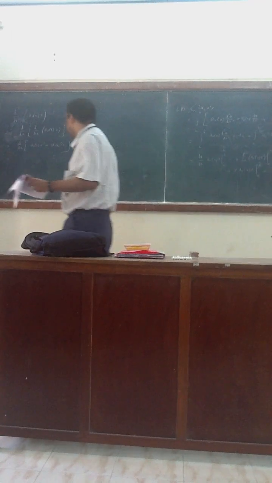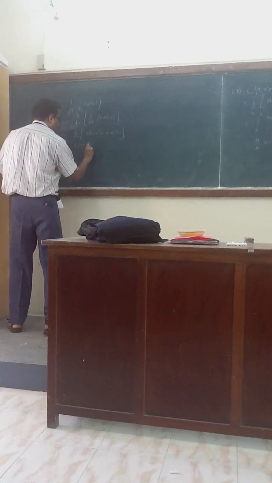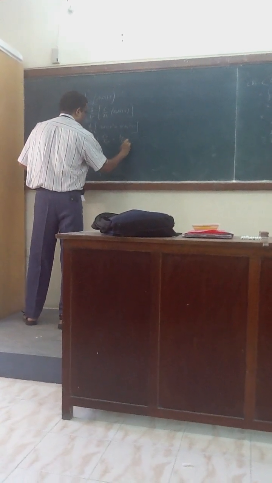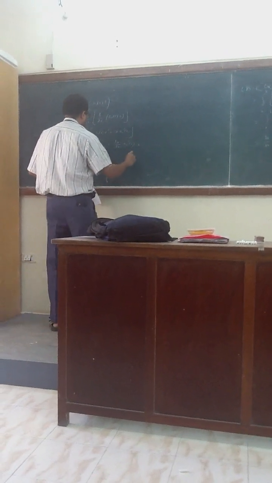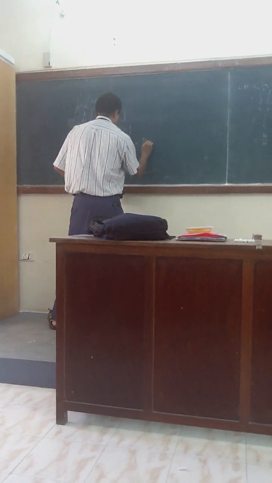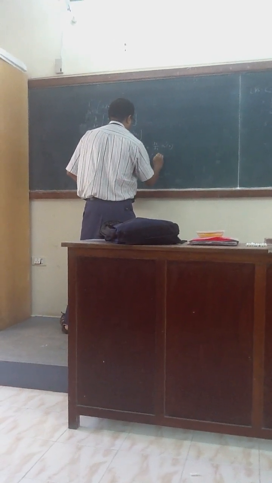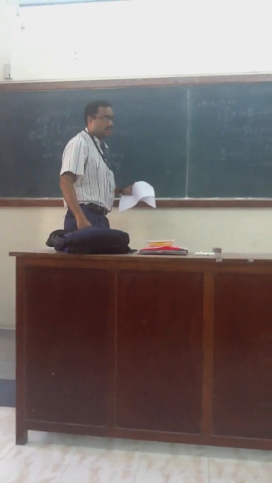What do you finally get? You will get a0(x) d²b/dx² plus db/dx a0'(x) plus db/dx a0'(x) plus b a0''(x). Am I correct? Yes.